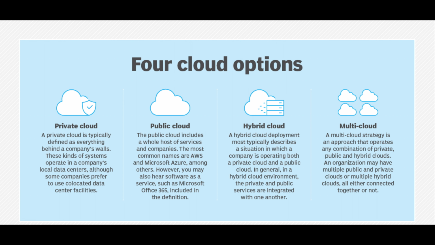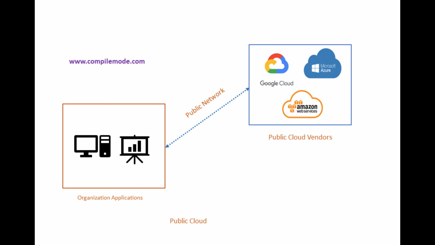Let me show you in a diagram how this works. Here you can see organization applications accessing a public network, where we have Azure, Microsoft, Google and Amazon, which are big public clouds. This company is acquiring these public clouds based on their needs and on their contract, whatever was decided.